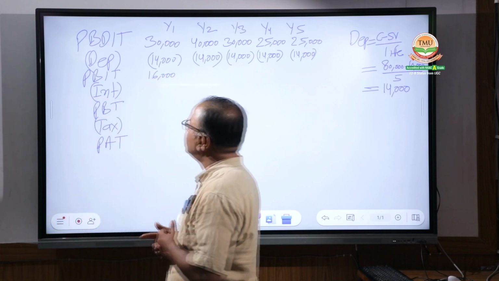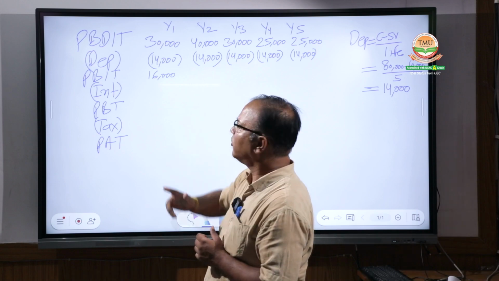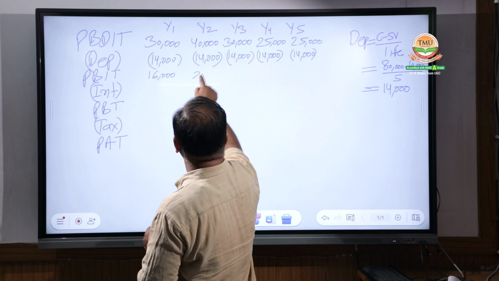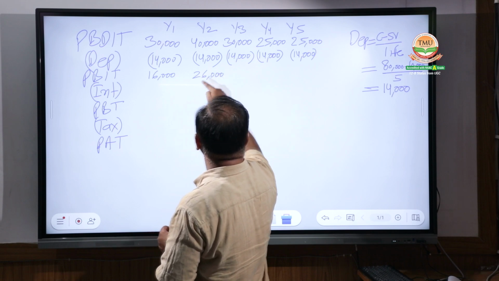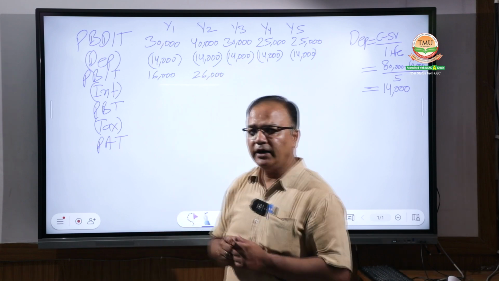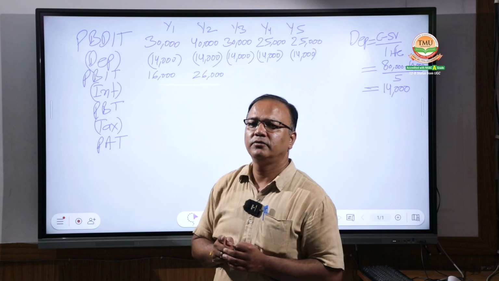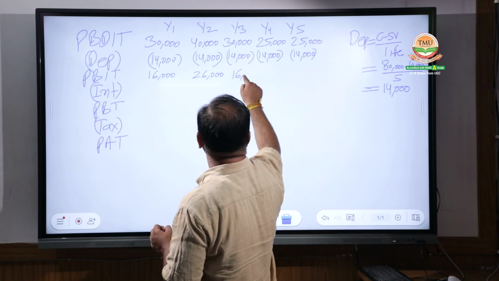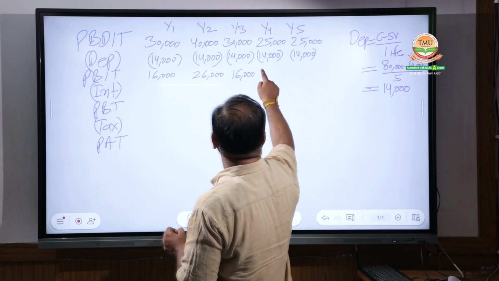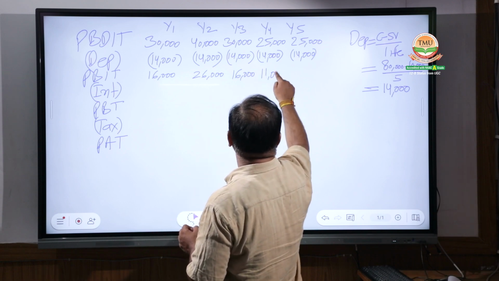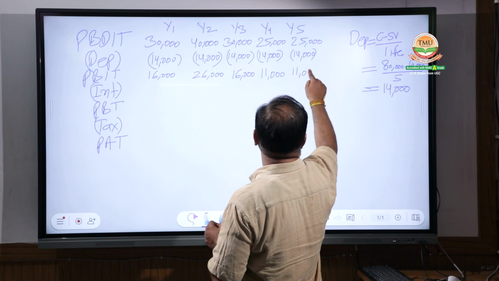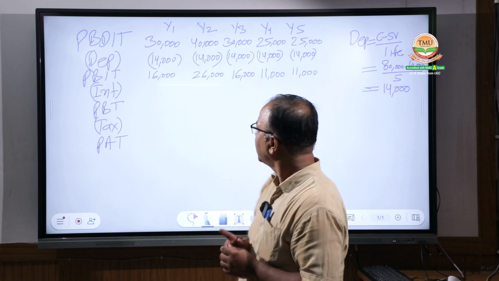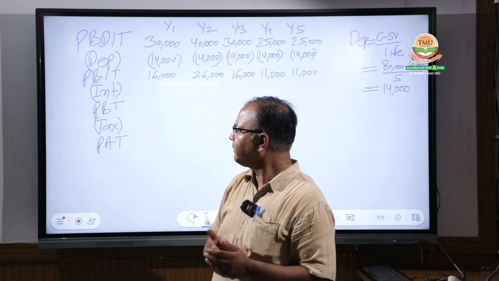If we deduct the amount of depreciation from PBDIT, the figure which arrives is called PBIT. It will be 16,000 for the first year. 40,000 minus 14, it will be 26,000 in the second year. Again, if we deduct 14,000 from 30,000, it will be 16,000 in the third year. It will be 11,000 in the fourth year, and again 11,000 in the fifth year. This is PBIT.